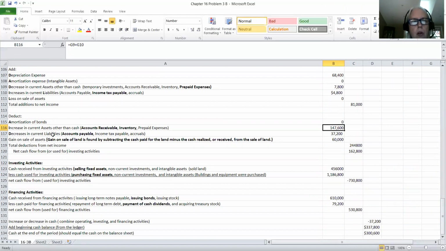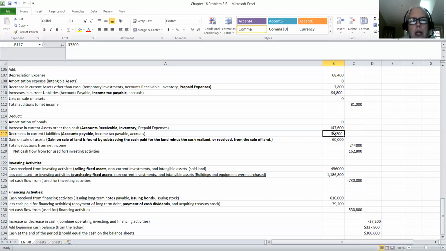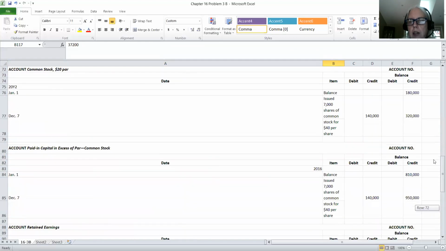The next line we're going to look at is decreases in current liabilities. In this particular line, we have an amount of 37,200 because there was a decrease in our accounts payable on our balance sheet.